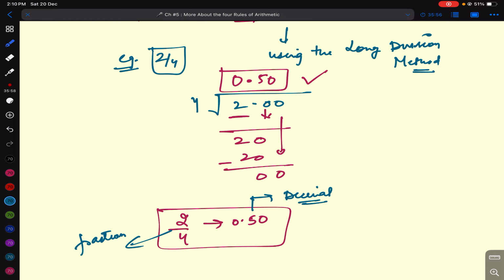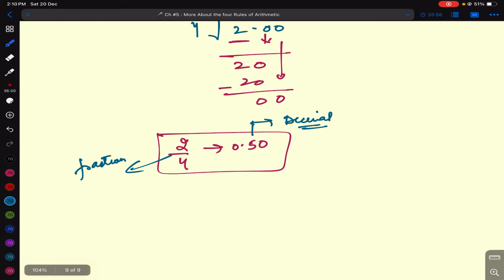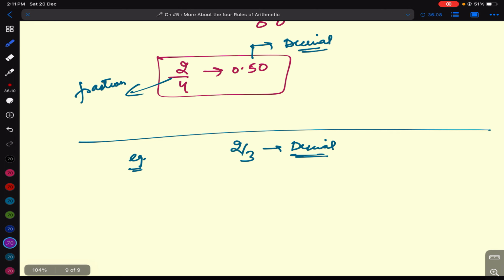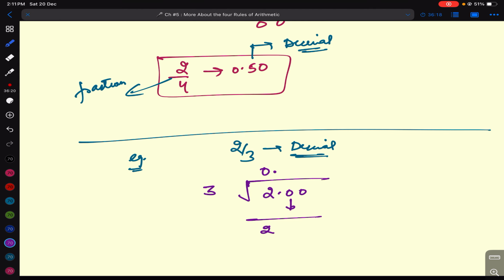Clear? Let's take another example where you're supposed to write 2 over 3 as a decimal. That is going to be 2.00 divided by 3. 2 is less than 3, so we'll place a 0, then comes the decimal, and then we bring the 0 also, so it will be 20. 3 times 6 is 18, minus 2, then bring another 0.